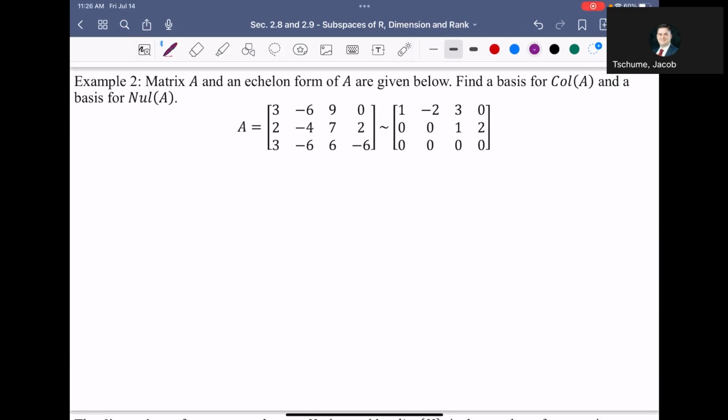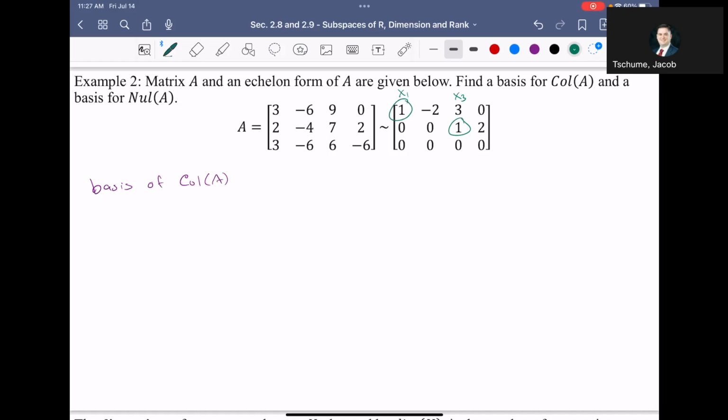Right? So to do that, you'll notice that we have our matrix A, and then right here is the echelon form. I always begin with the basis of the column space of A because you only need echelon form to do that. When I look at the echelon form of my matrix, I notice that I've got two pivot positions in the x1 and the x3 column.